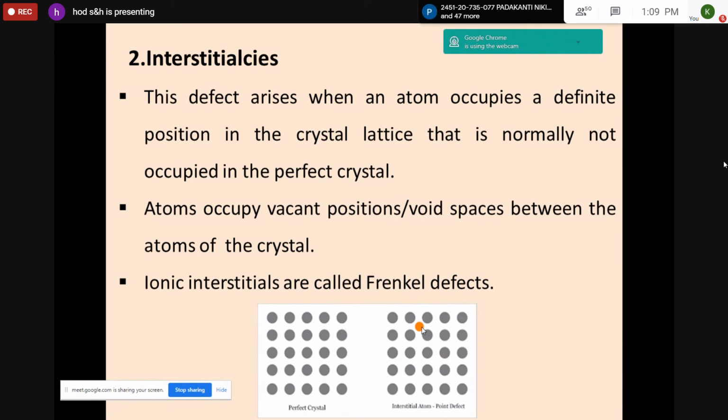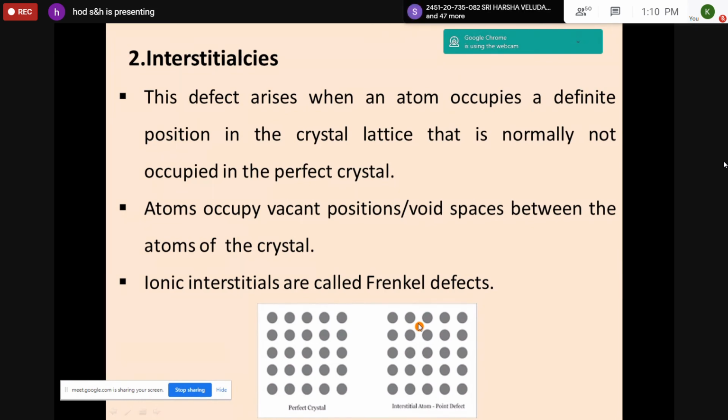In this, atoms generally occupy the vacant positions or void spaces present between atoms of the crystal, as you can observe in the diagram. And ionic interstitials are called Frenkel defects. So this orange colored atom is occupying the void space. There is no lattice point actually, but it is occupying this position. This type of defect is called an interstitial.